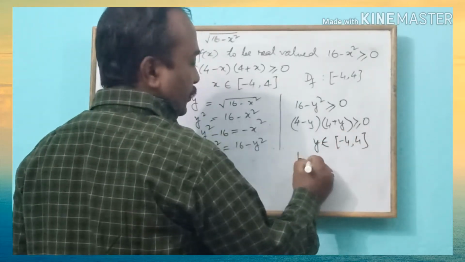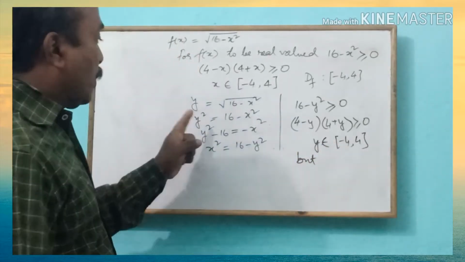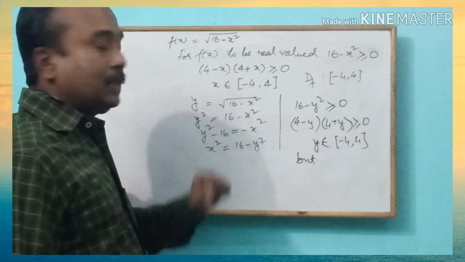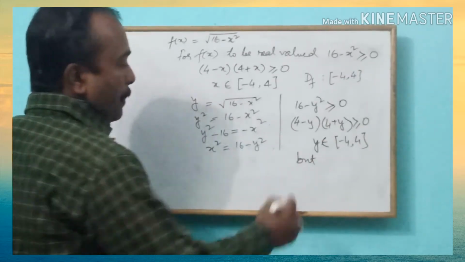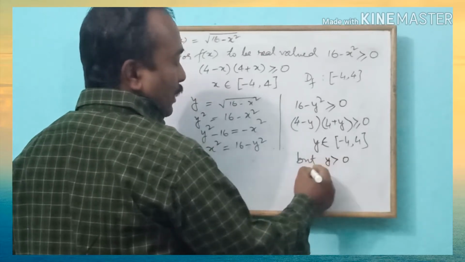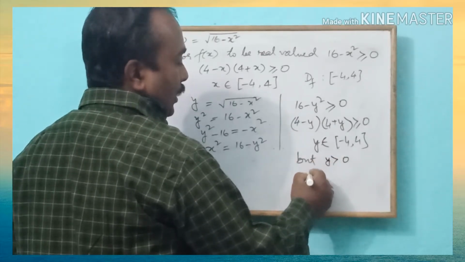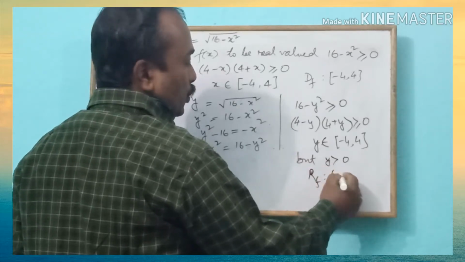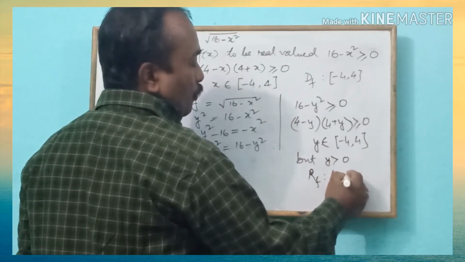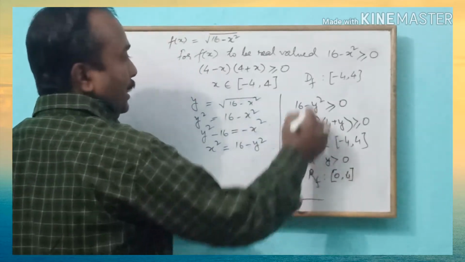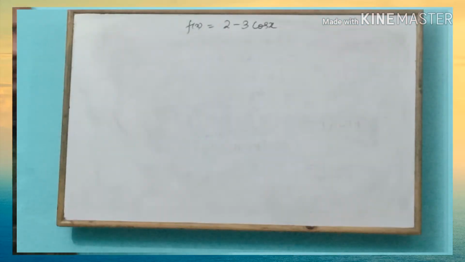But the square root of a real number is always positive. So y is greater than or equal to 0. Therefore, the range of f is 0 to 4. So this is the range and this is the domain.